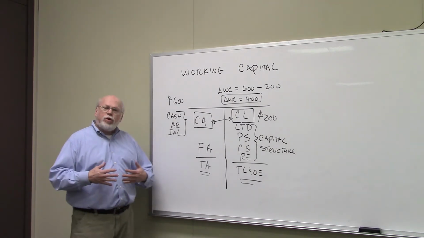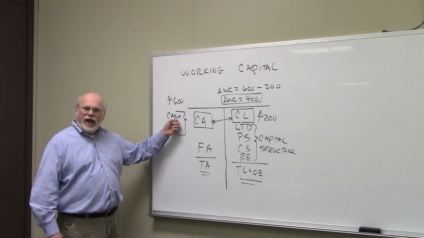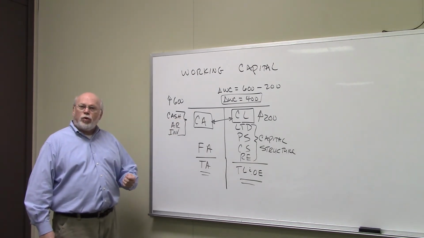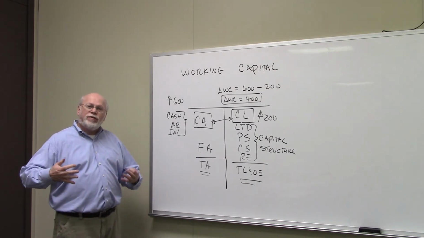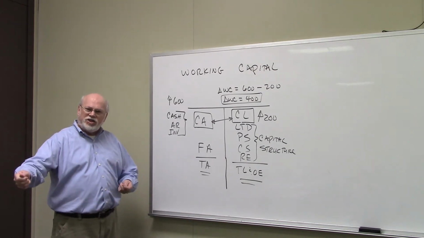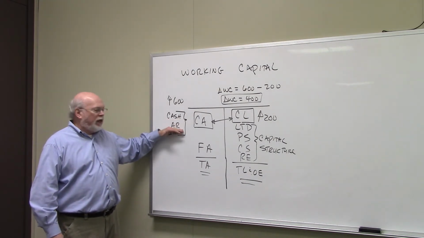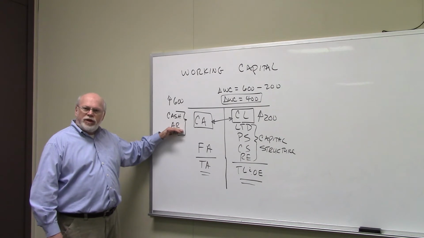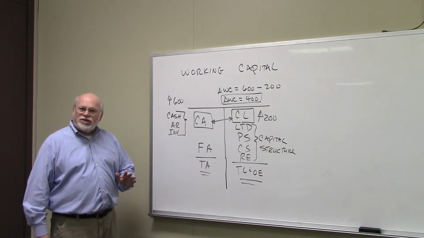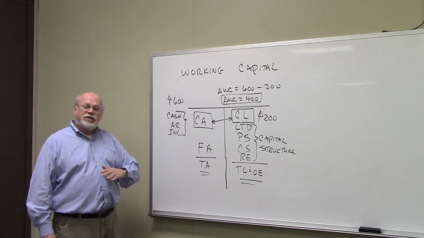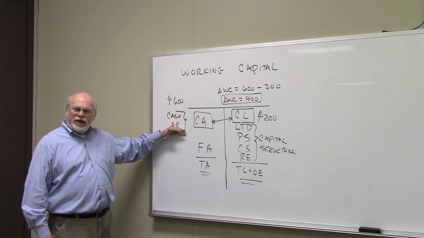If we were going to sell twice as many blue shirts, we would need more cash, because we're going to have to pay our employees more. If this is a retail business, we're going to have to make change, all that kind of stuff. So one thing we're going to need is more cash. We're probably going to have to finance twice as much of our sales. That is, our receivables are going to go up, and that's something we have to finance.